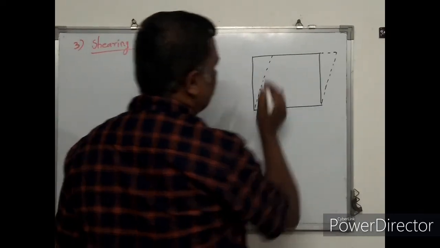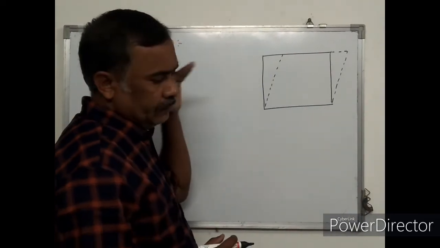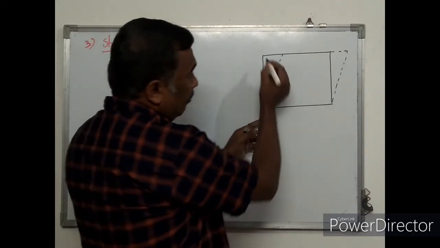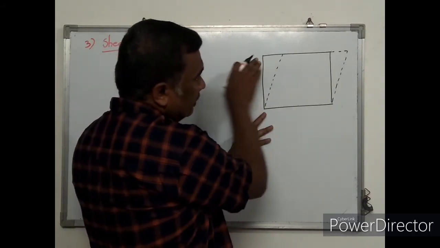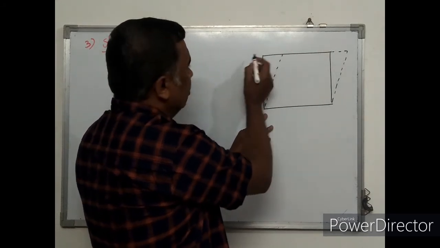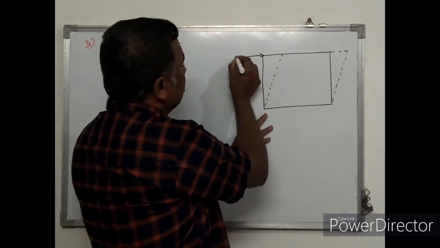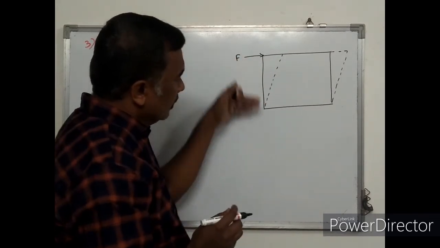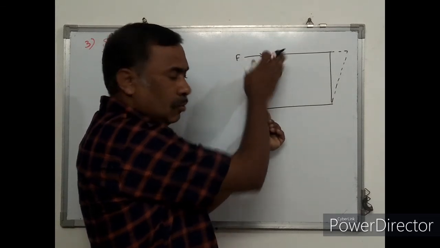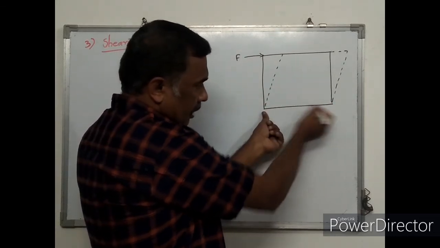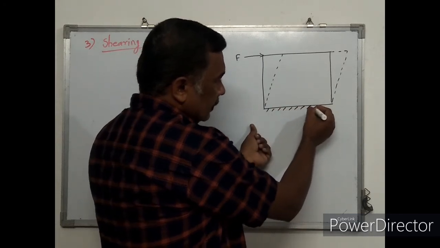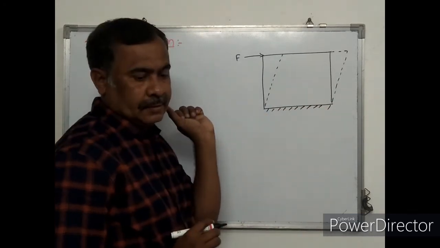If we apply a tangential force to this body, what happens? Its upper layer is displaced by some distance towards the direction of force, right? But the lower layer or steady layer is at its original place.